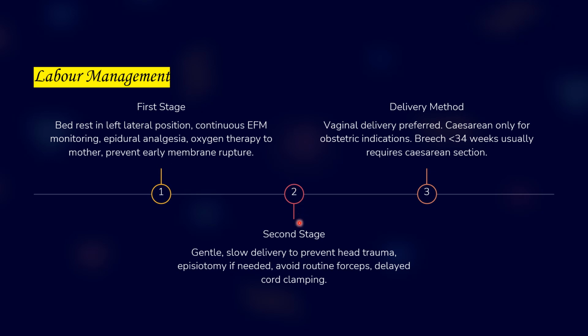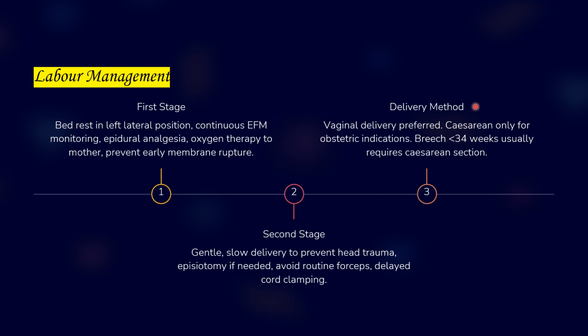Okay. Number two, during the second stage, during the delivery of the baby, make sure that the delivery is gentle and slow so that you prevent head trauma. Okay, give episiotomy if required. Also avoid routine use of forceps or vacuum. Okay, after that you need to practice delayed cord clamping. Okay.